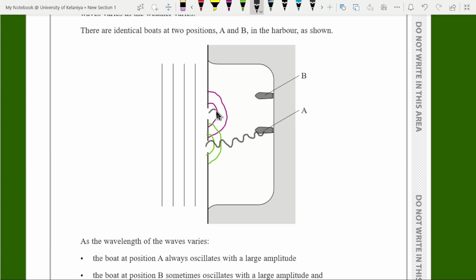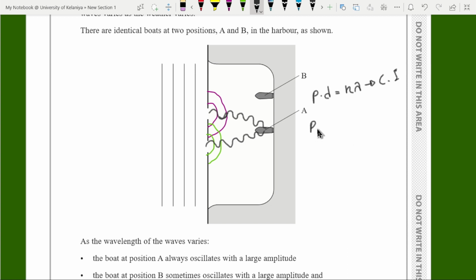If you take the path difference, let's call this L1 and this L2, and if the path difference is equal to n times lambda, where n is a whole number, an integer including 0, that will cause constructive interference.